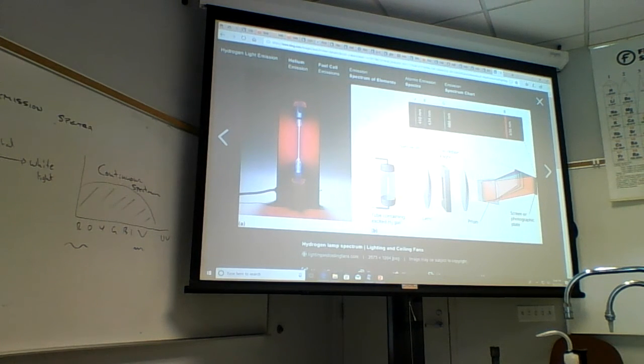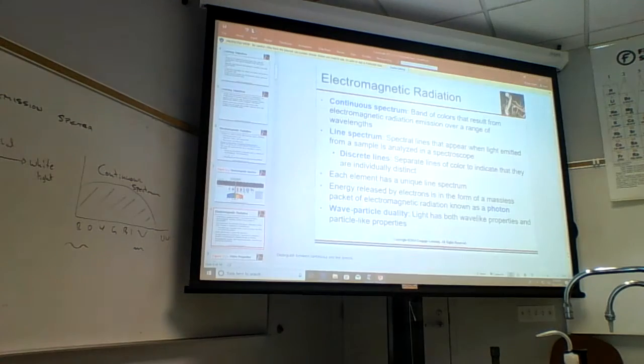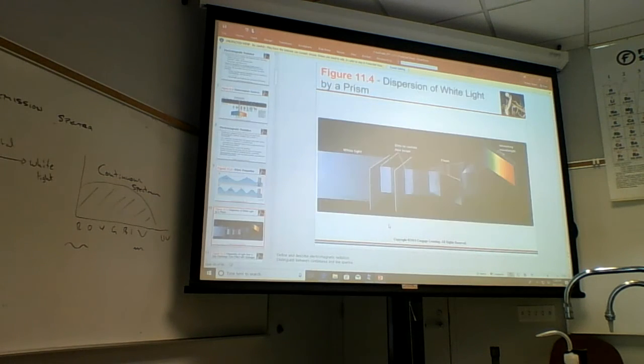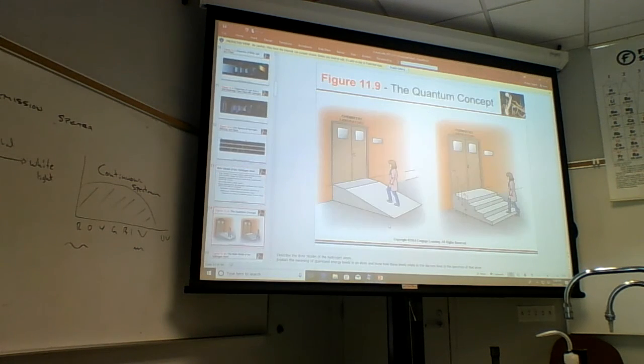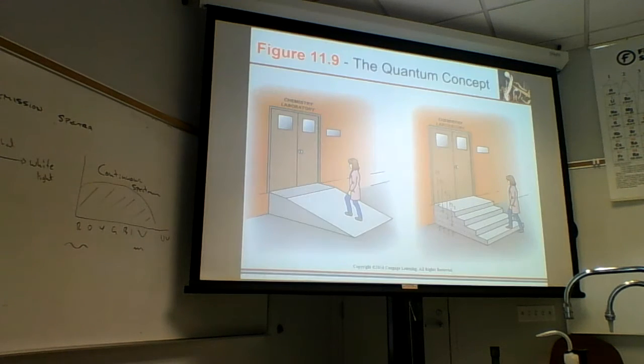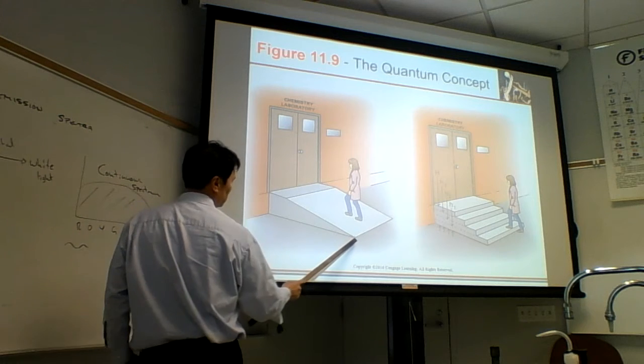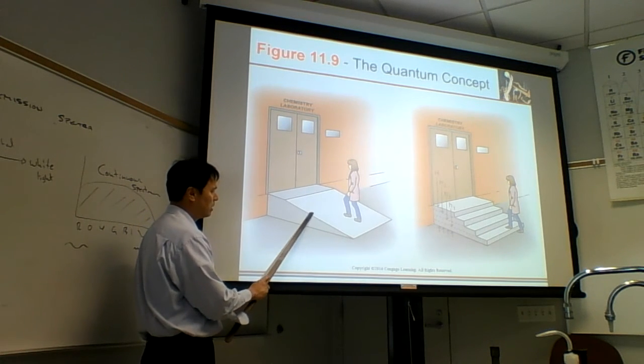And so it's a little bit different than what we were expecting. What that means is something like this. In terms of gravitational energy, this is continuous, so we could have any height we want here.